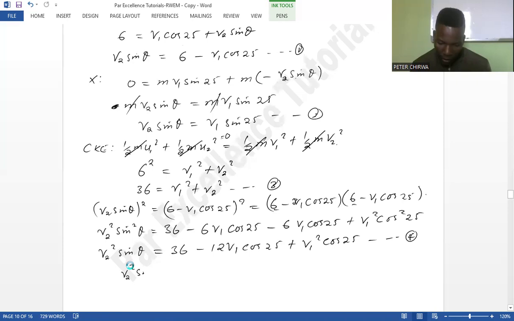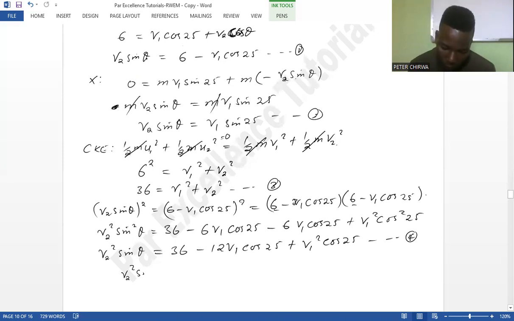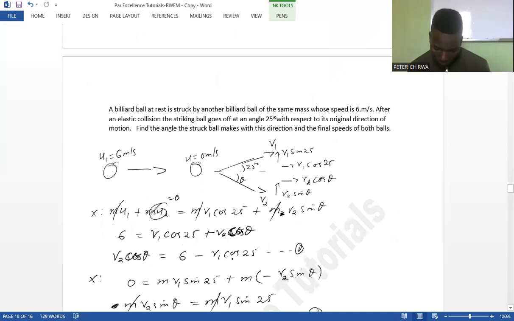Sorry, from equation 1, this is supposed to be cos, because we're dealing with the x there. Okay, sorry about that.